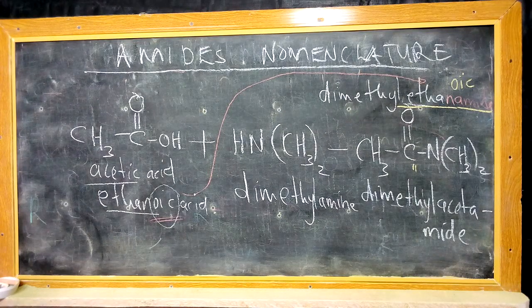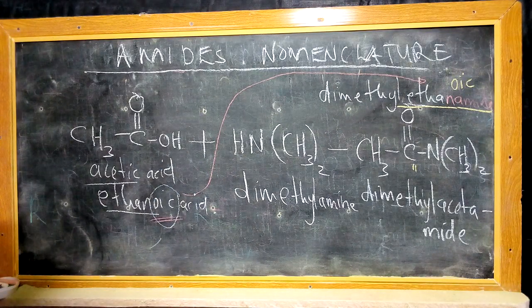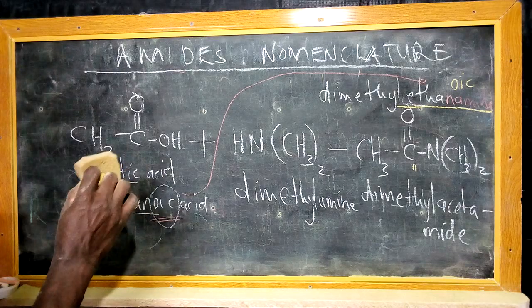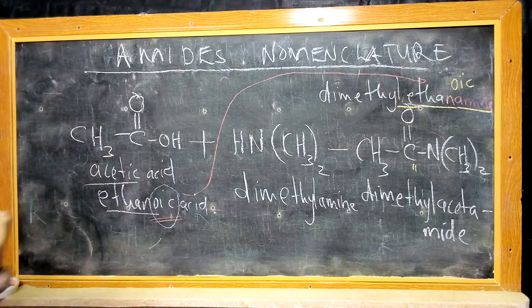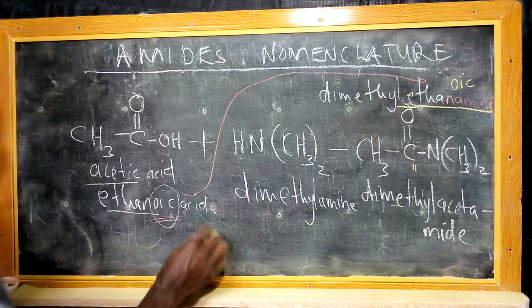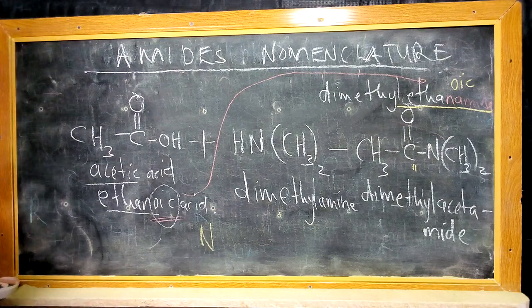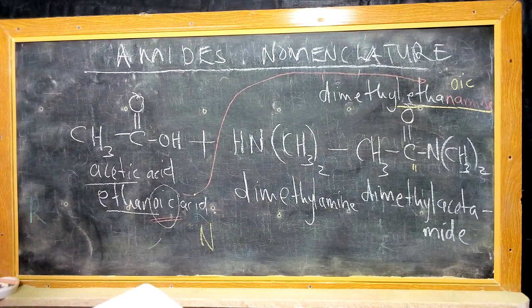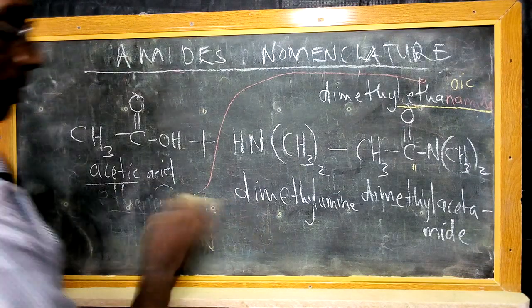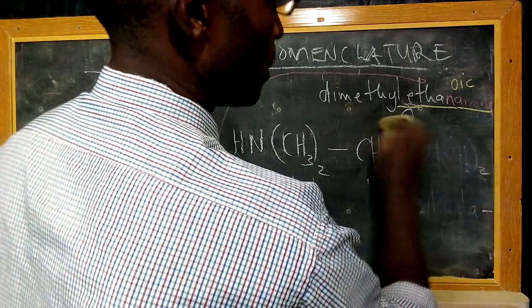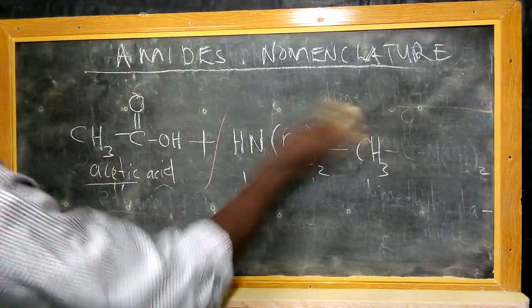And as we note, which is a characteristic property of amides, the alkyl substituents in amides start with the letter N. So we shall look at an example that uses this last rule, that is for N.